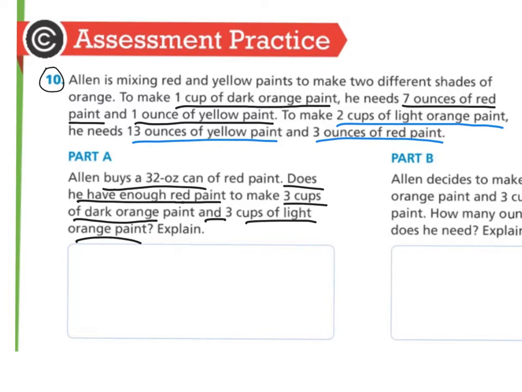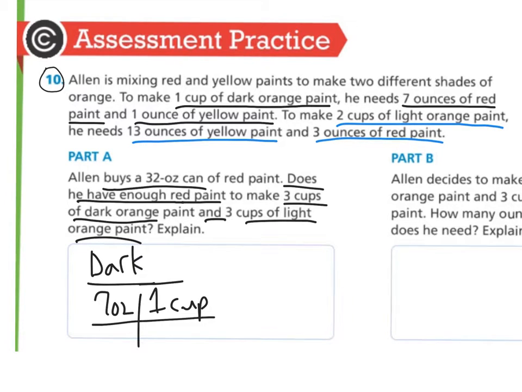So if we look at this for the dark orange, look at the red, the dark orange, we need 7 ounces for 1 cup. And the light, we need 3 ounces for 2 cups.